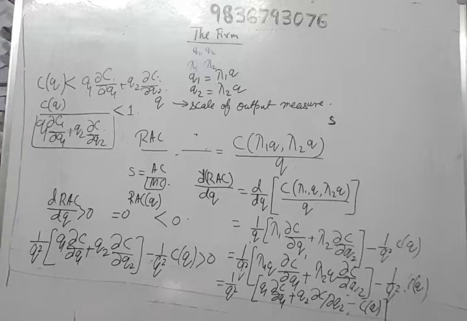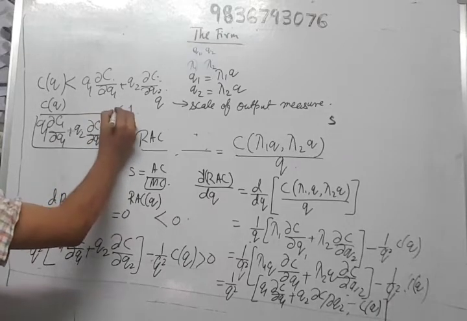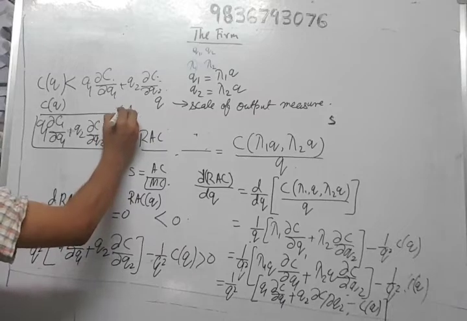When the average cost is not changing, it is constant, then the ratio will be equal to 1, and in case the average cost is falling, then it will be greater than 1.